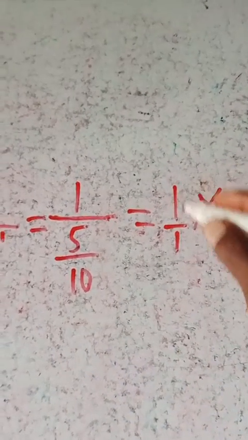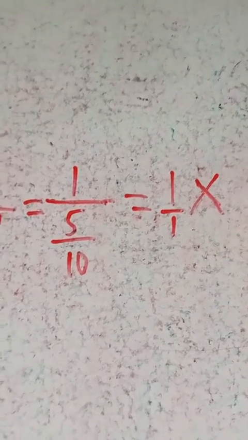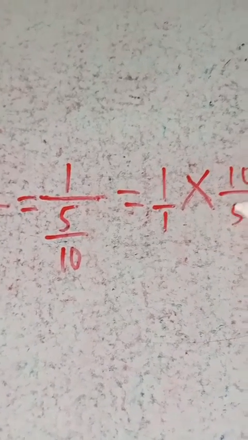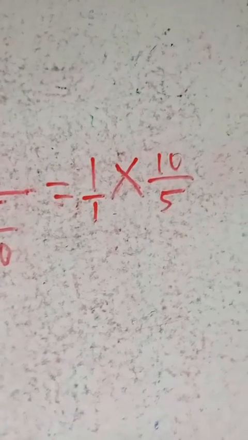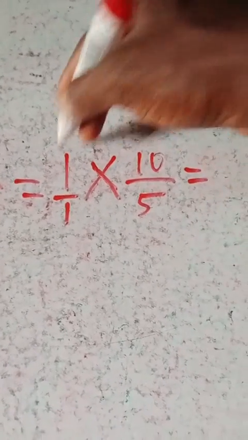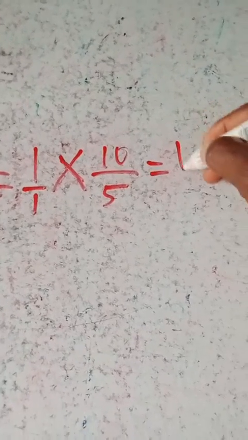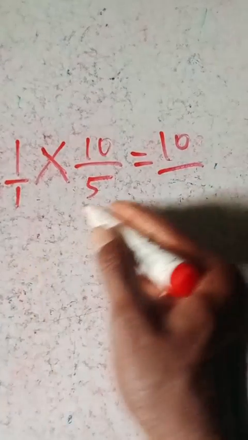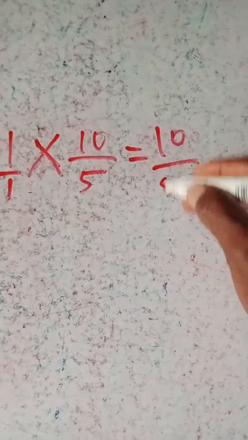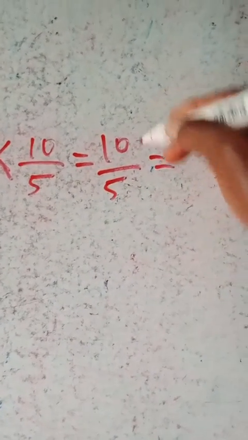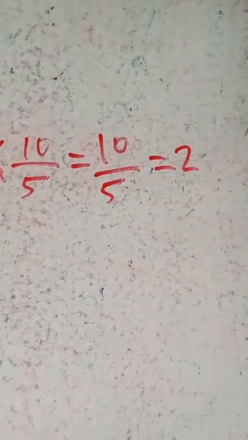So it will be 1 over 1 times 10 over 5. 1 multiplied by 10 is 10, and 1 times 5 is 5. So 10 divided by 5 is 2. And that is the answer.